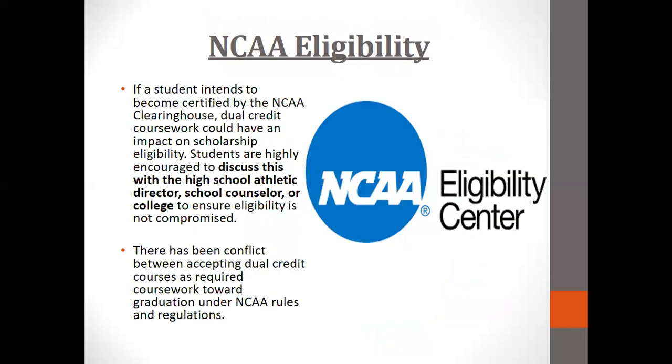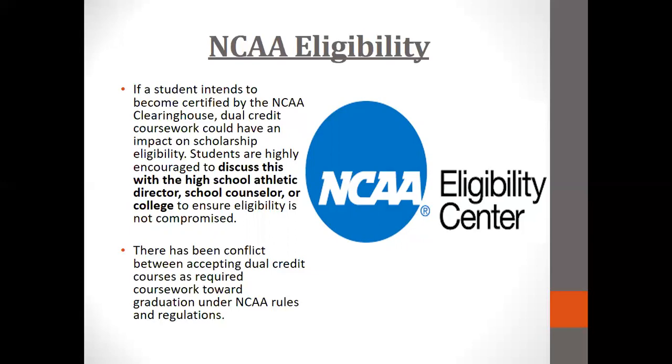Next slide. NCAA eligibility. Here's a big one. If students intend to become certified by the NCAA clearinghouse, dual credit coursework could have an impact on scholarship eligibility. Students are highly encouraged to discuss this with a high school athletic director, school counselor, or the college itself to ensure eligibility is not compromised.